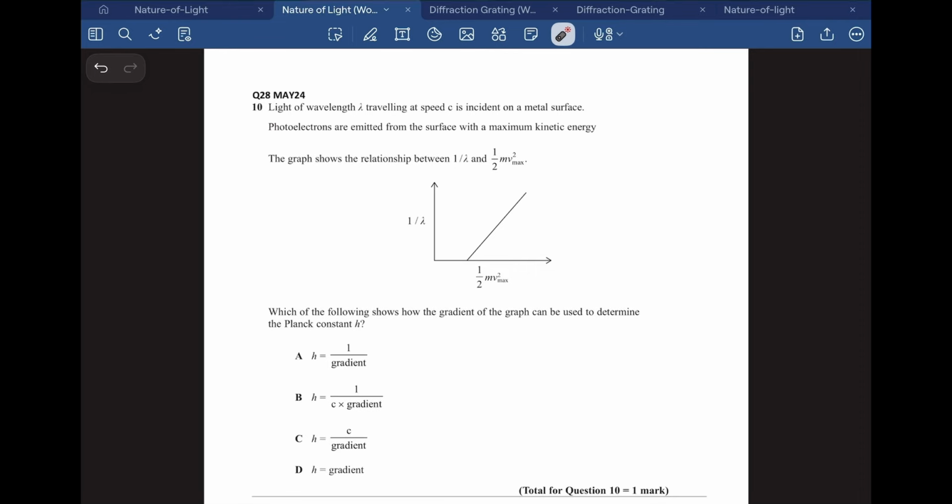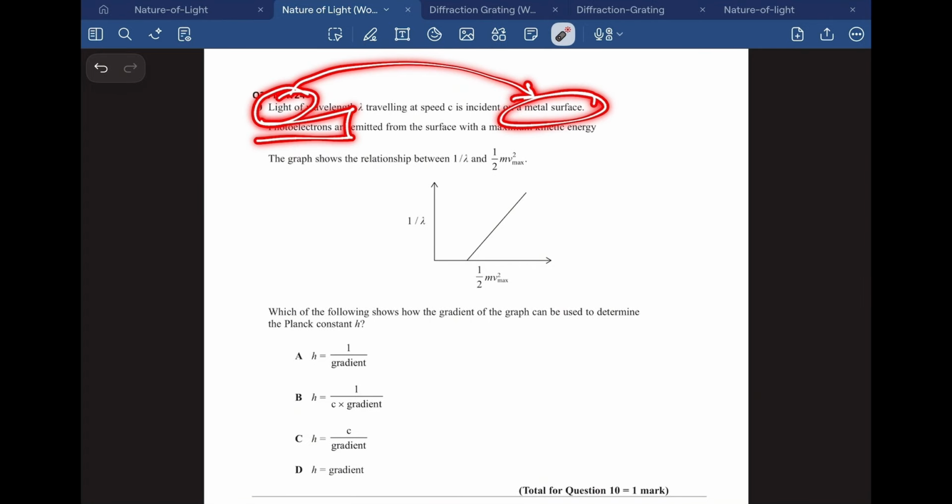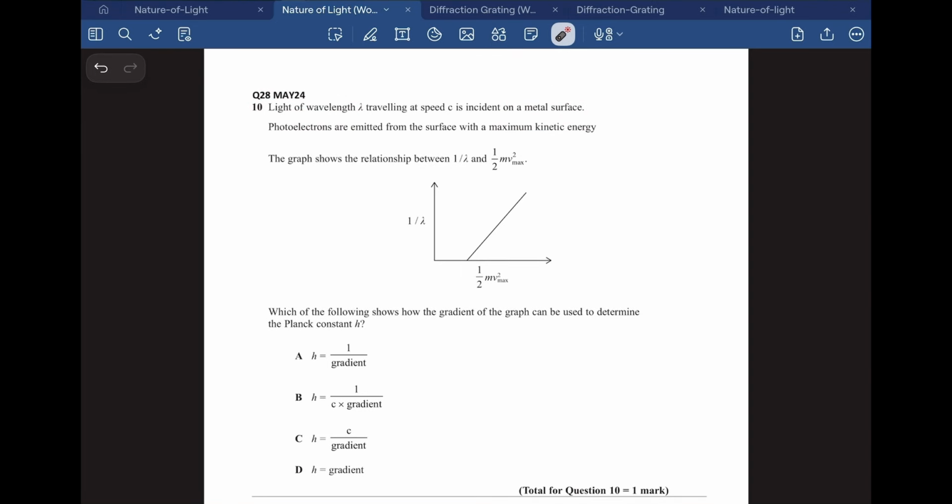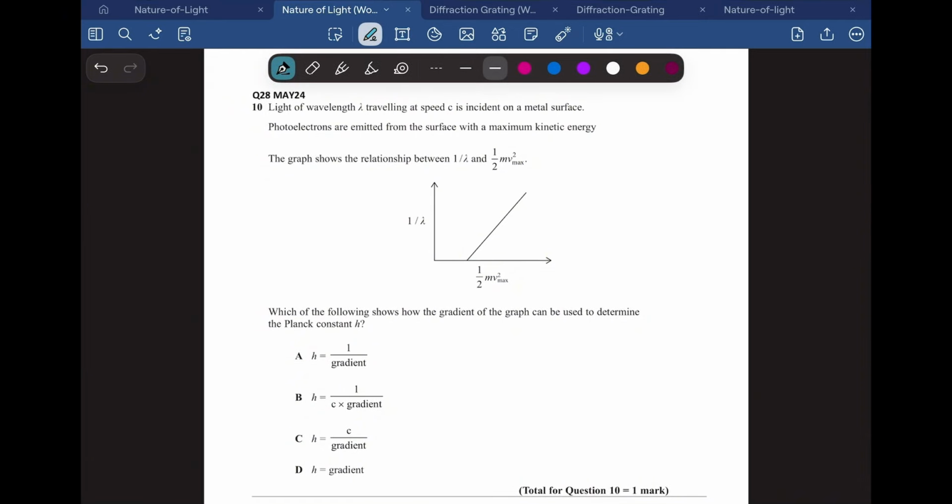Here what we can understand is that light is incident on a metal surface and photoelectrons are emitted. Whether the photoelectrons are emitted or not depends upon the energy of the light incident on the metal surface. If the energy of the light is greater than the work function, only then will the photoelectrons be emitted.